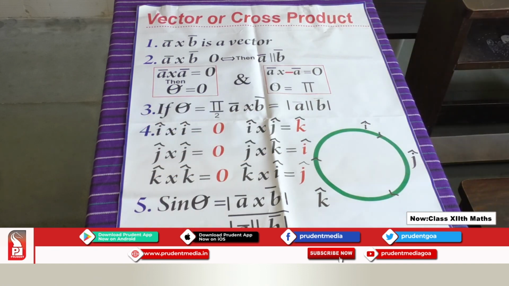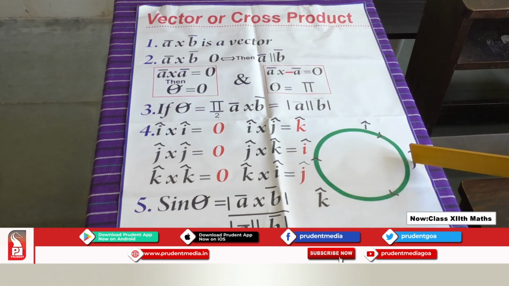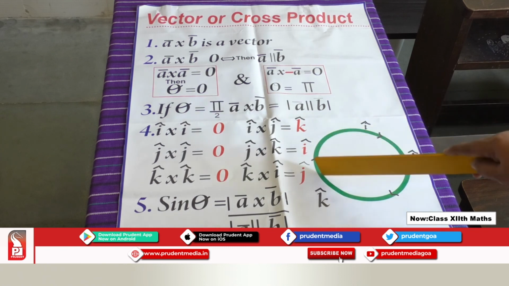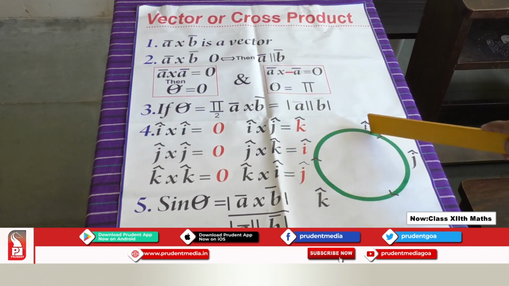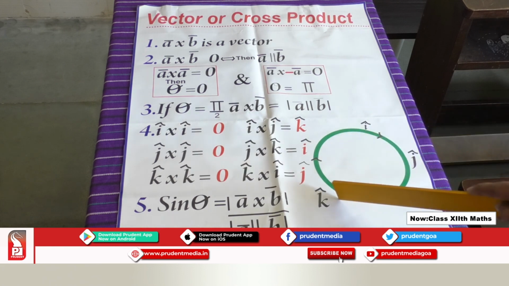There is a method to remember this. i cross j will be k, j cross k will be i and k cross i will be j. If you go in the reverse direction, k cross j will be minus i, j cross i will be minus k. So if you change the direction, you will get a minus sign, but i cross j is k.